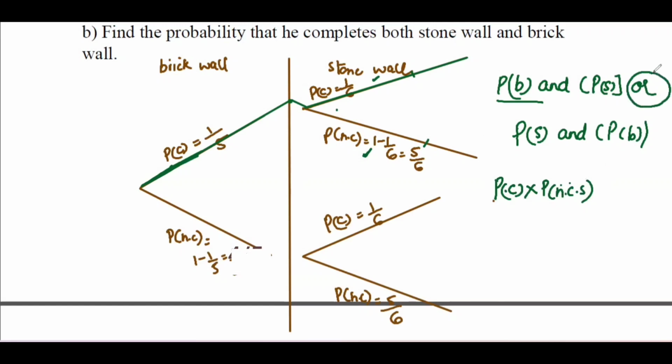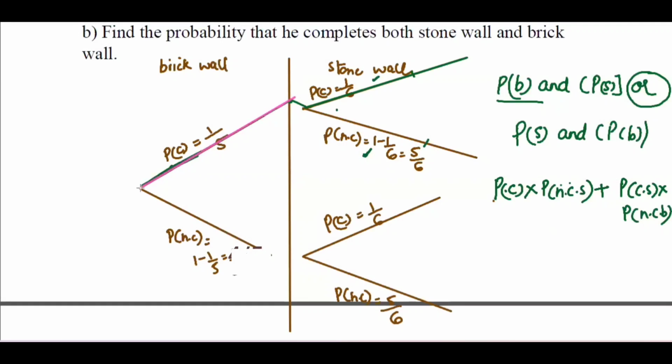Or, according to the OR rule, if there is an 'or' in between the probabilities, you have to add them up. So plus probability of completing stone and probability of not completing brick wall. So let me select the branch where he's completing the brick wall. So this is the branch where he's completing the brick wall.